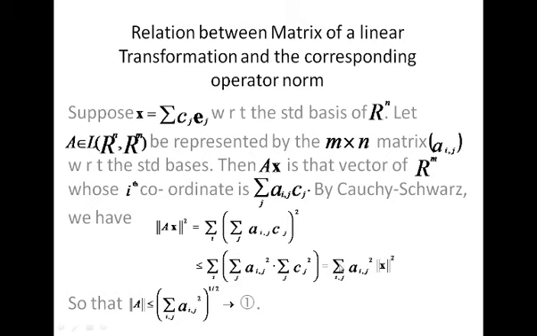Therefore, sigma over i comma j Aij square whole to the power 1 by 2 is an upper bound for the set of all norm of A of x such that x varies in Rn, norm x less than or equal to 1.